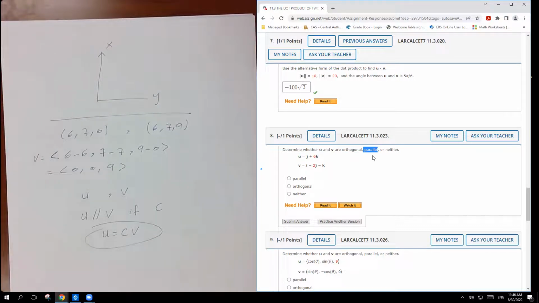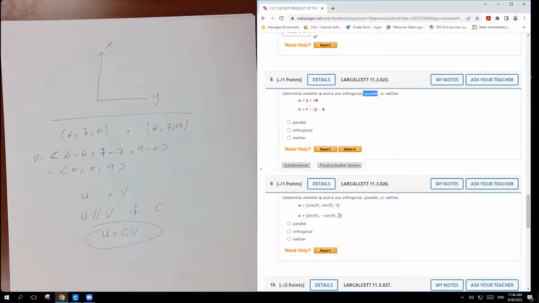If it's not orthogonal, go ahead and try this one. If you find a C, that means this is parallel. If not, you're going to choose neither. You're going to do exactly the same thing with this example.